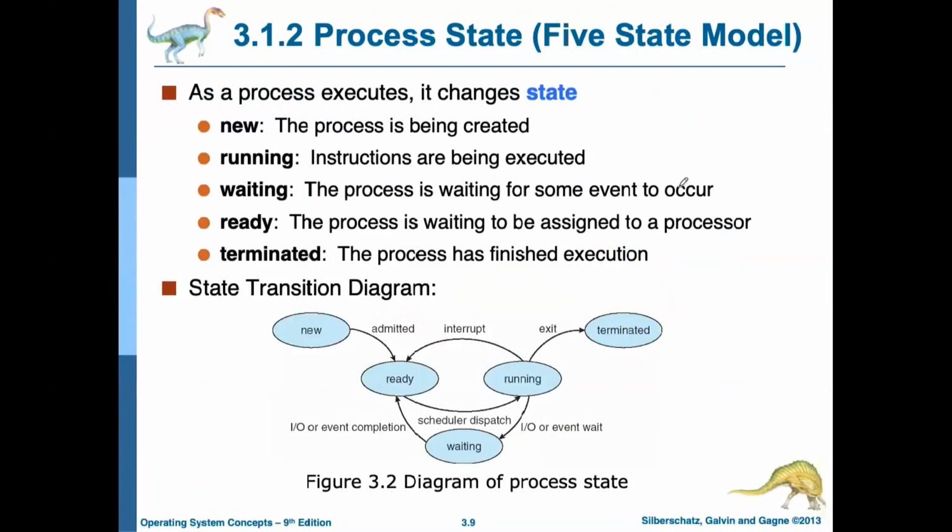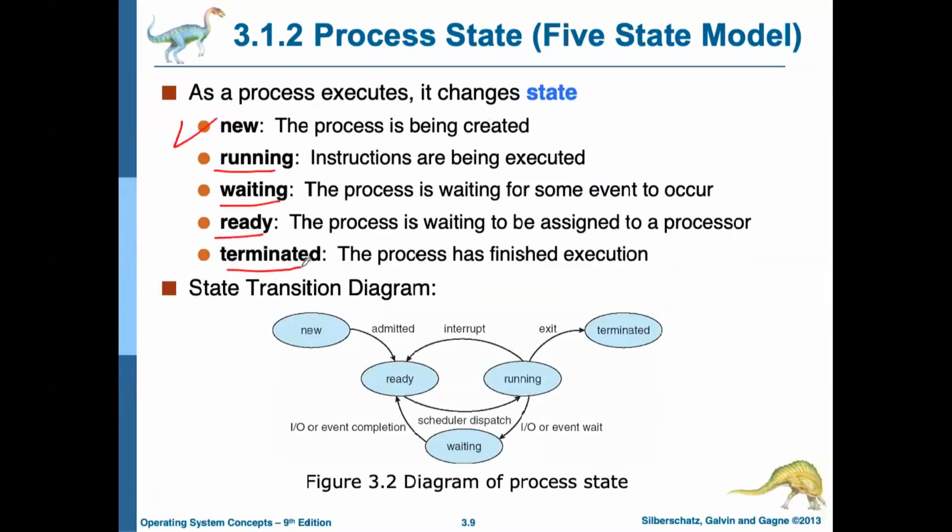So for the 5-state model, as a process executes, it changes state. The 5 states are: new, running, waiting, ready, and also terminated.